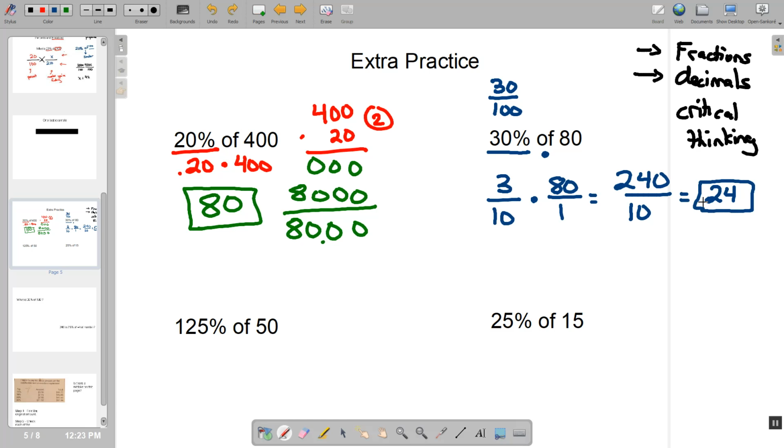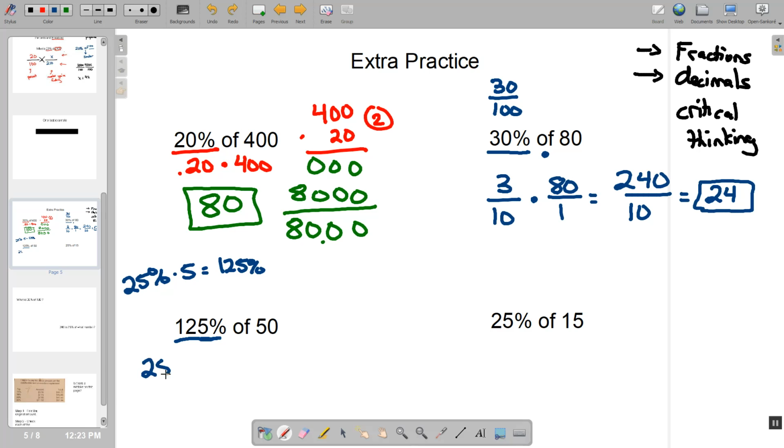So now on the bottom, I'm going to mix them up a little bit, okay? What I'm going to do for this problem is I know that 25% times 5 is equal to 125%. Therefore, if I find 25% of 50 and take it times 5, that will be my answer.